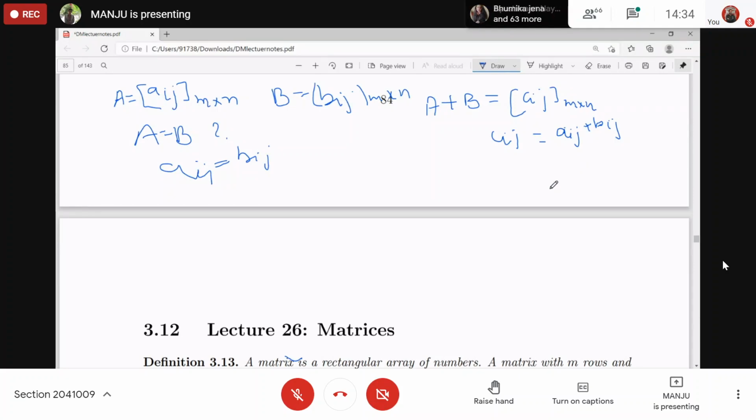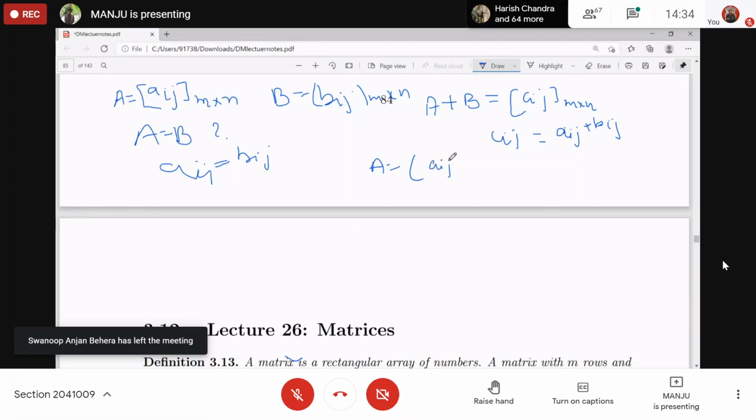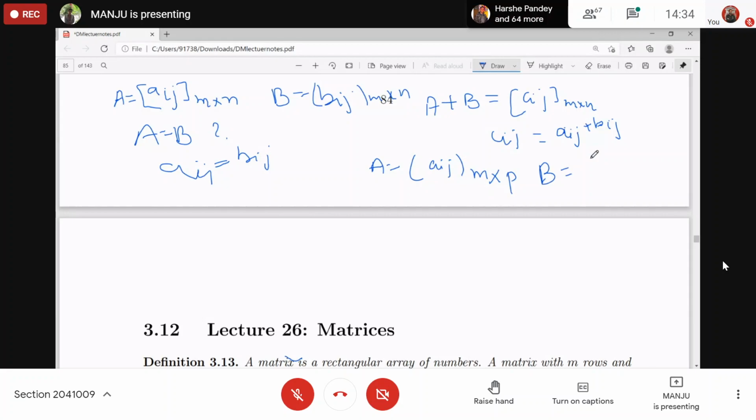How do you multiply? When can you multiply two matrices? If your A matrix, Aij, has order m cross p, and the B matrix, Bij, has order p cross n, right?